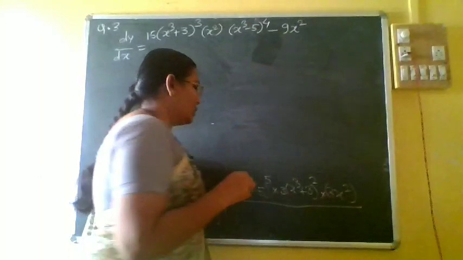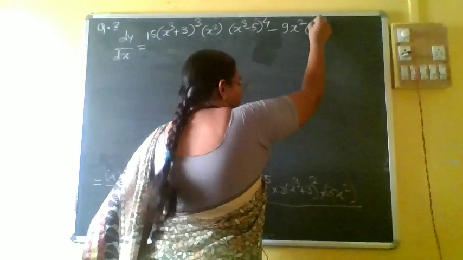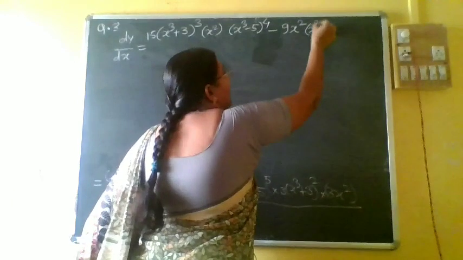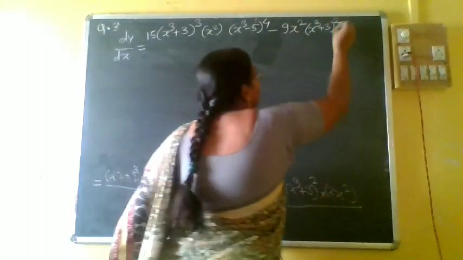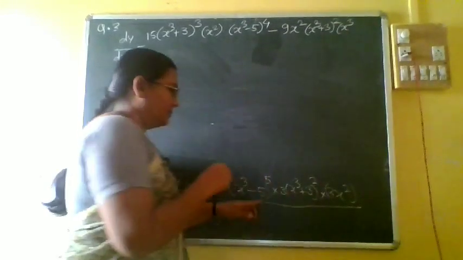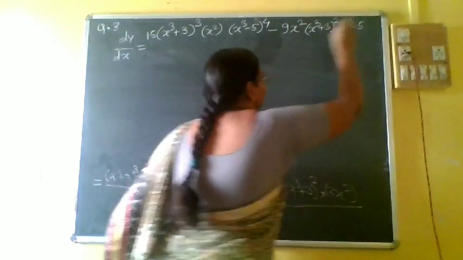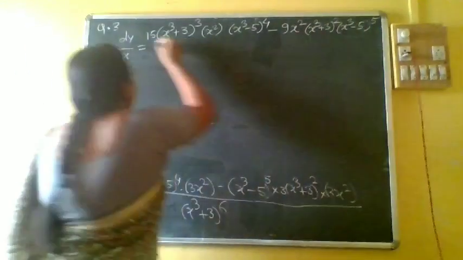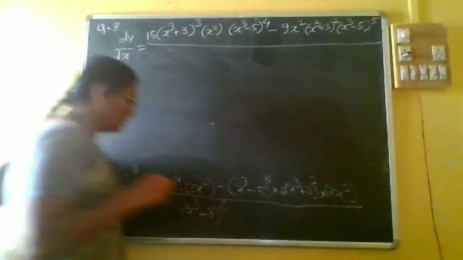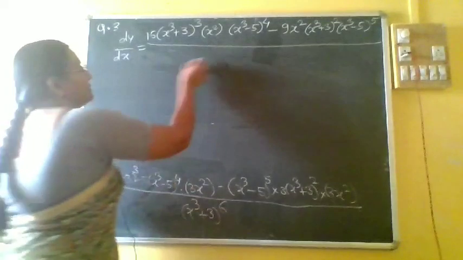This is 9x square. Next, the lower index term is (x cube plus 3) squared (x cube minus 5) raised to 5, divided by (x cube plus 3) raised to 6.